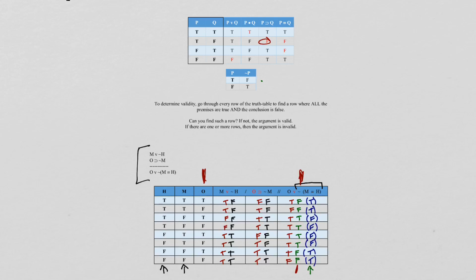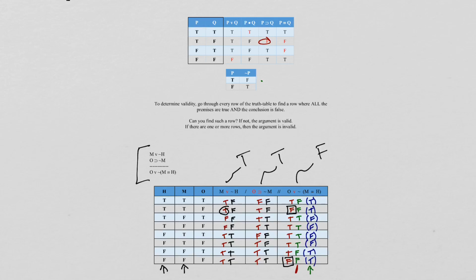Okay. Now we're ready for that final and most important step. We're going to look and see if this is a valid or invalid argument. So what we're looking for is a true premise, a true premise, and a false conclusion. So we only have two false conclusions, so we're just going to look at those two.